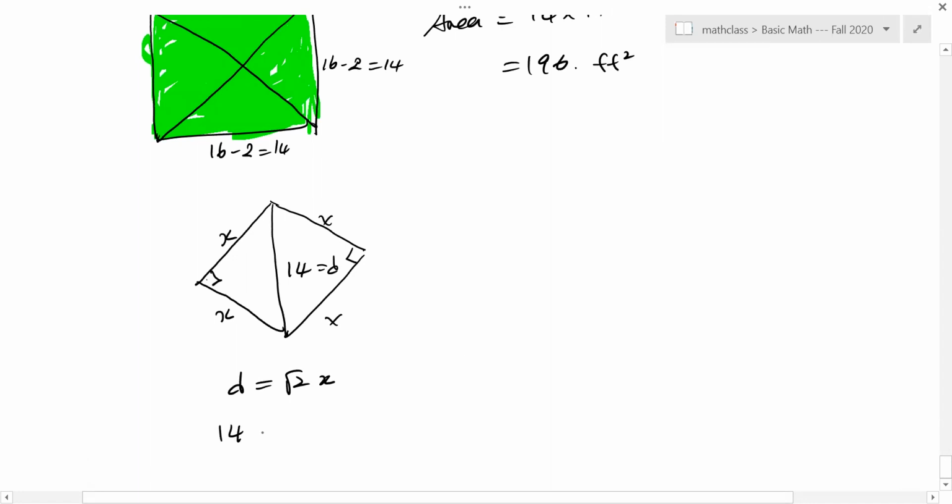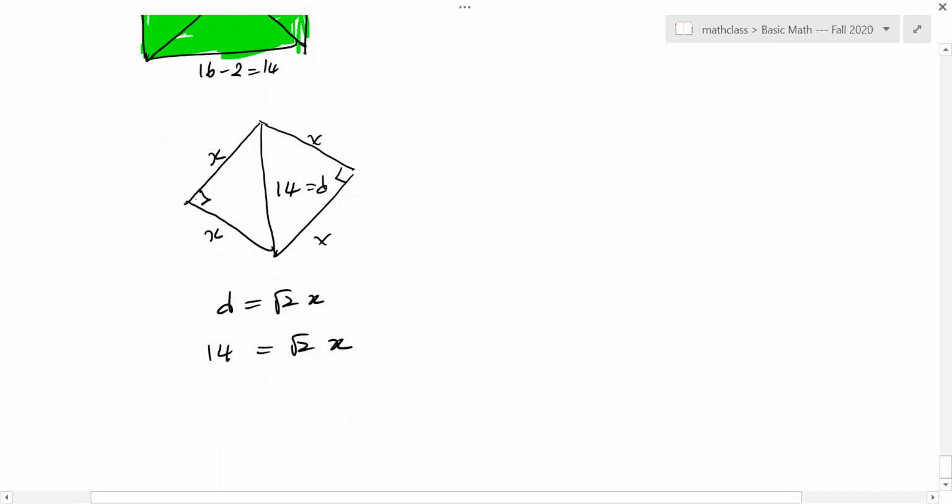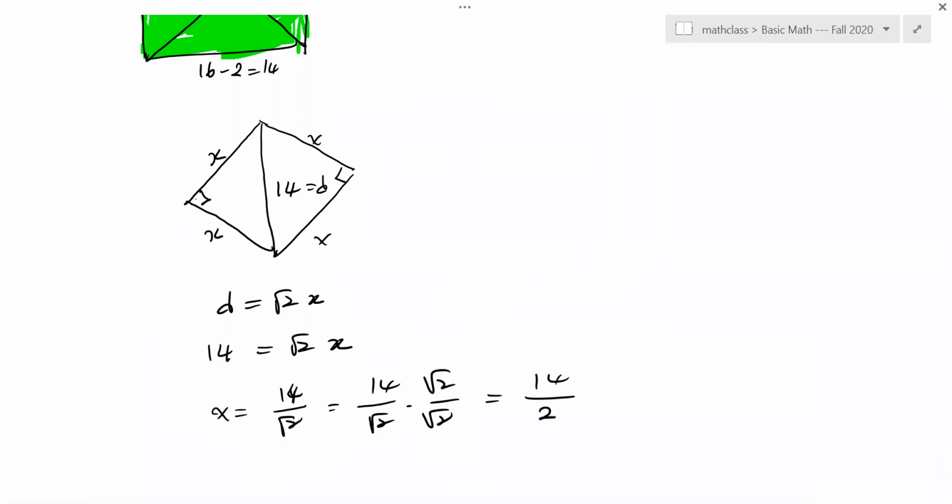So I have 14 here, and square root 2 times x. How can I get x? x is 14 over square root 2. Multiply by square root 2 on top and bottom, the denominator is 2, so it's 7 times square root 2.